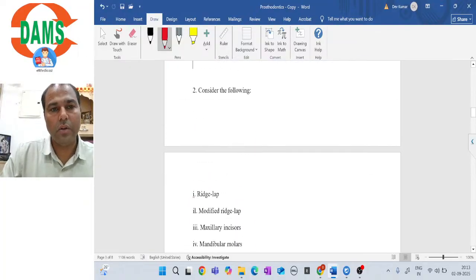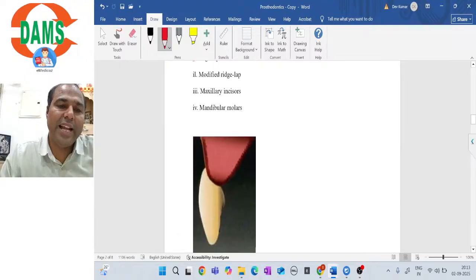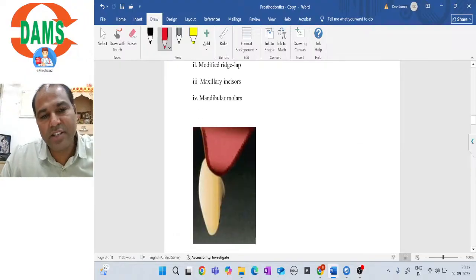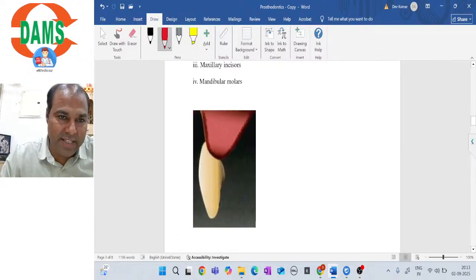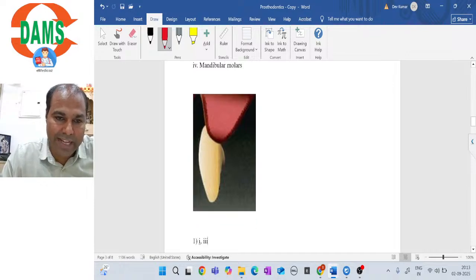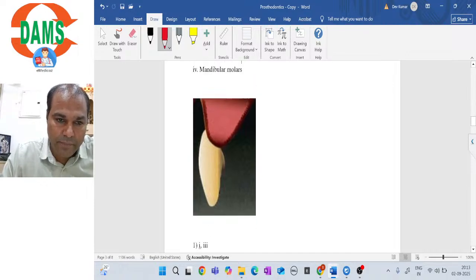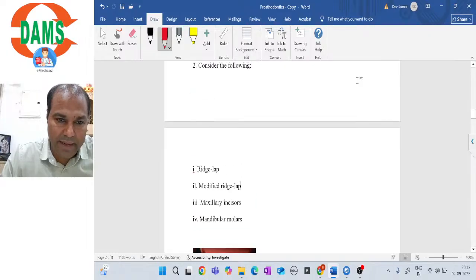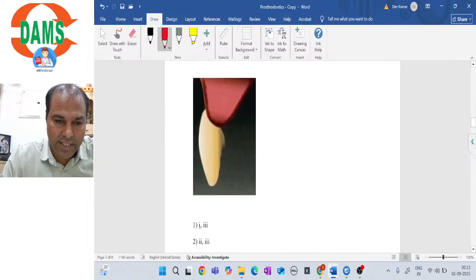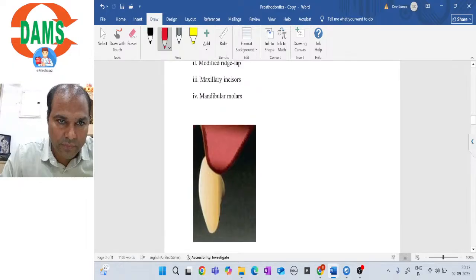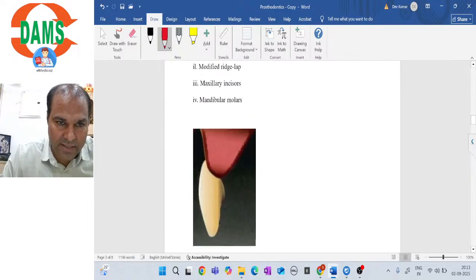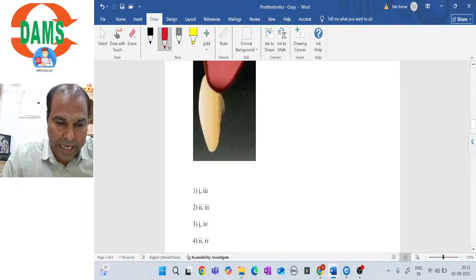Now consider the following, and ridge lap. Is it a ridge lap? Is it a modified ridge lap? Maxillary incisors, mandibular molars. So now let us match it. 1, 3, that is ridge lap and maxillary incisors. Okay, let us see. 2, 3, ridge lap and maxillary incisors. 1, 4 and 2, 4.